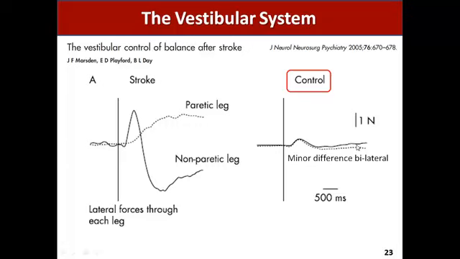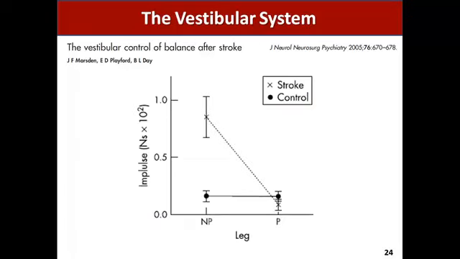The patients that had experienced stroke, however, we observed that the large deviations in the applied reaction force was much greater in the non-paretic leg than the paretic leg, as a means of trying to use the stronger leg, the non-affected leg, as a means of maintaining stability to that perceived perturbation.